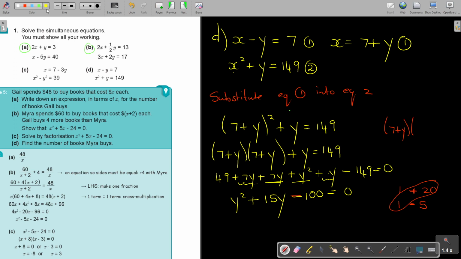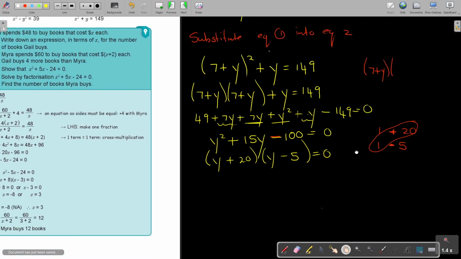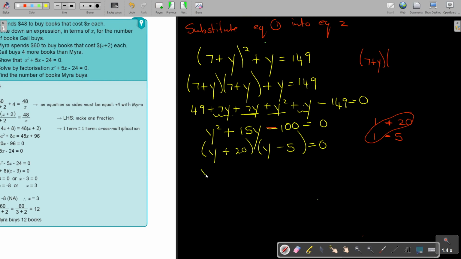So basically, I'm going to get y plus 20, y minus 5, and that's going to be equal to 0. Okay, so then y plus 20 equals 0, or y minus 5 equals 0. So y equals negative 20, or y is equal to 5.